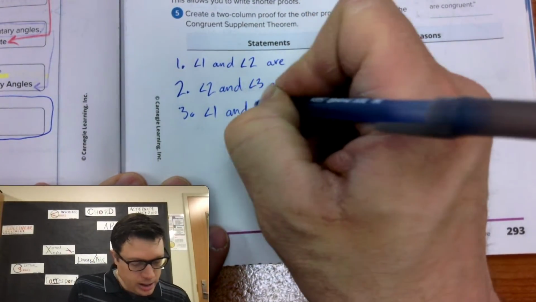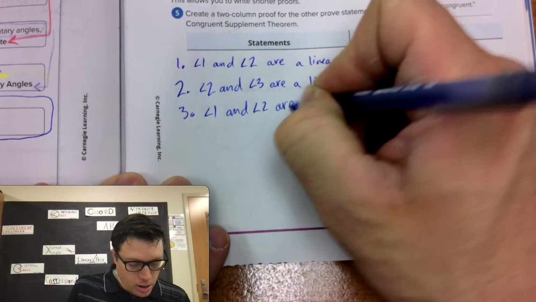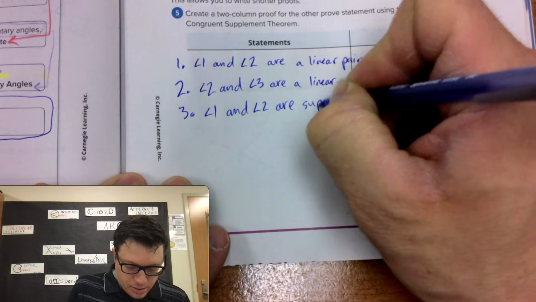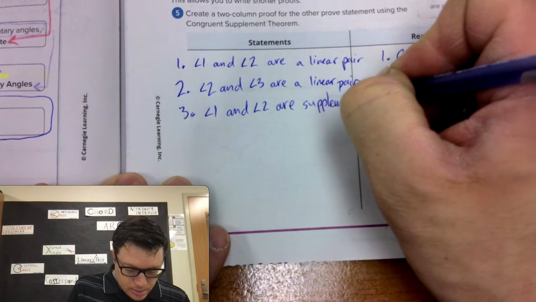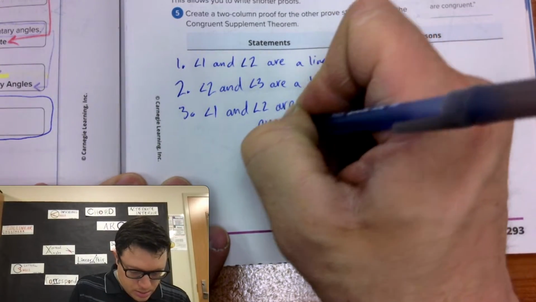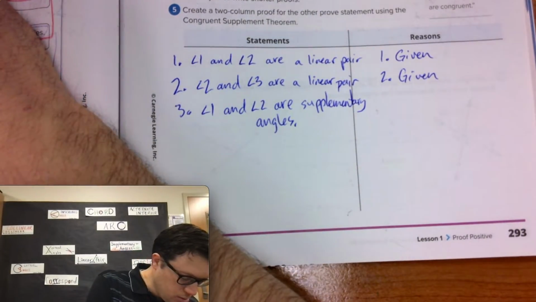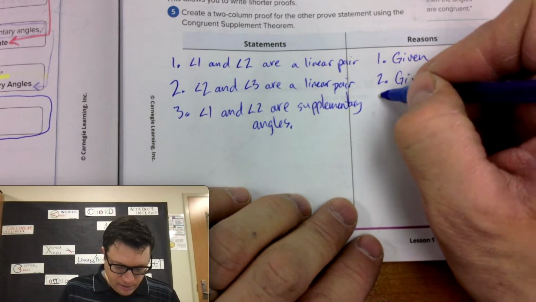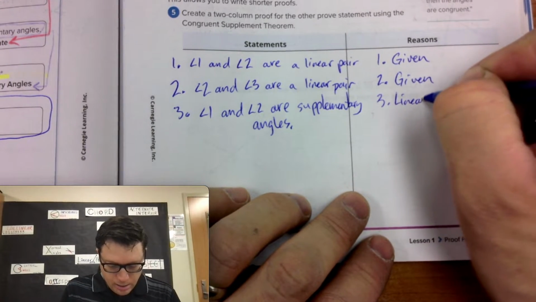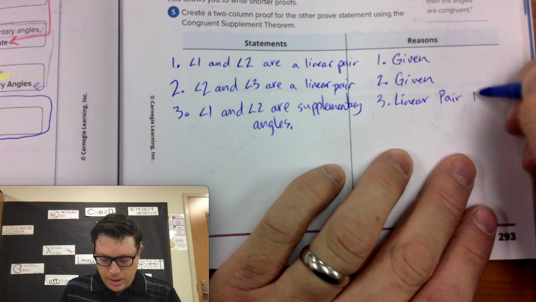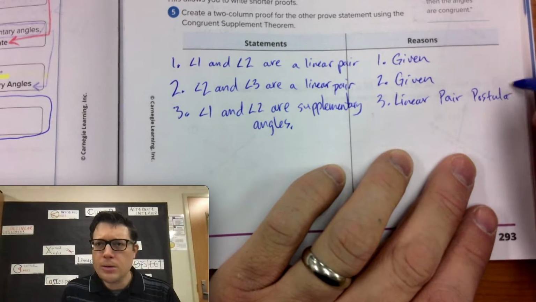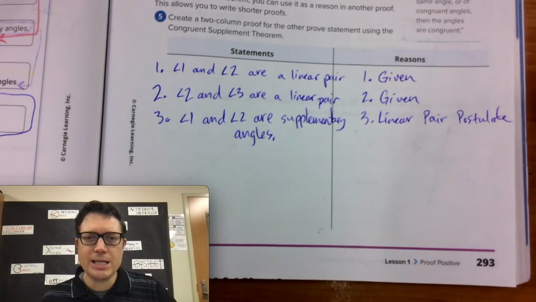Angle 1 and angle 2 are supplementary angles, typo, and the reason for that is linear pair postulate. Yeah, that's coming in on the screen pretty decently.